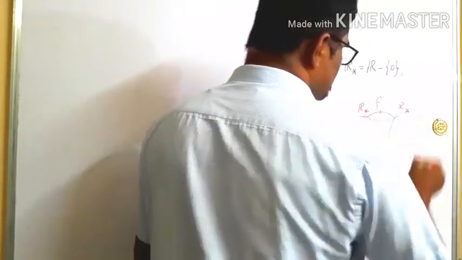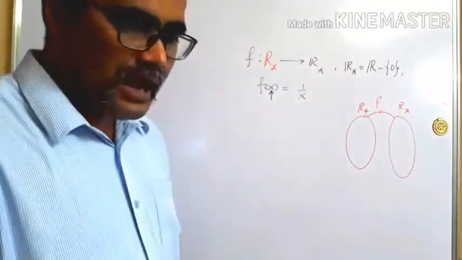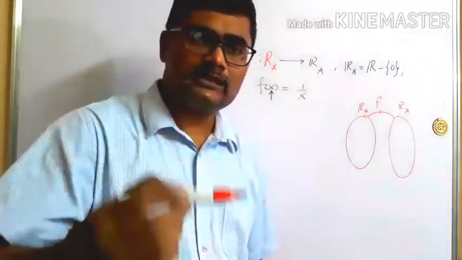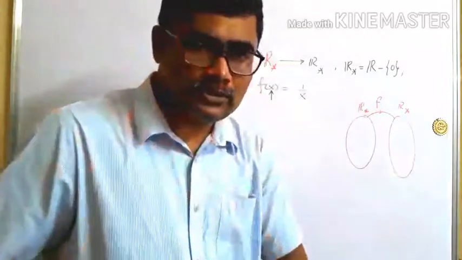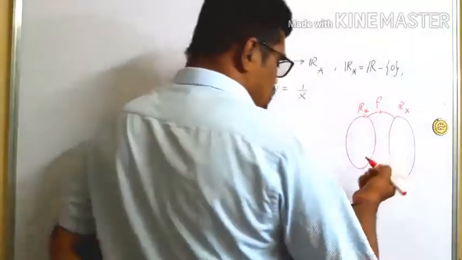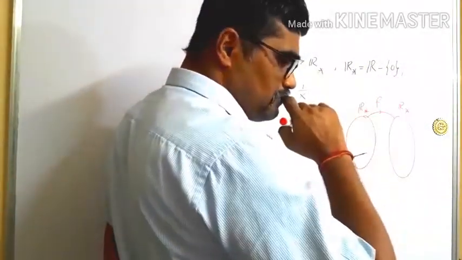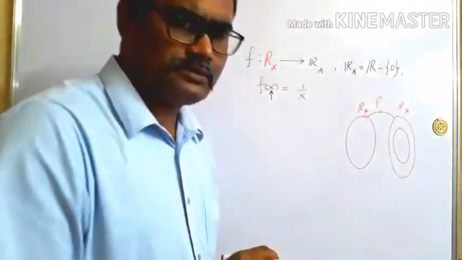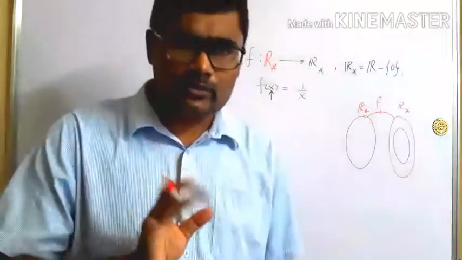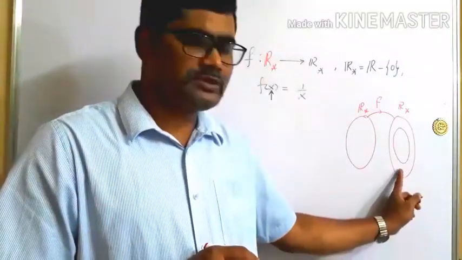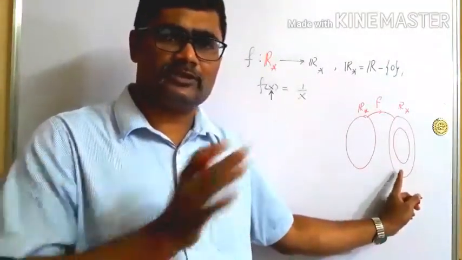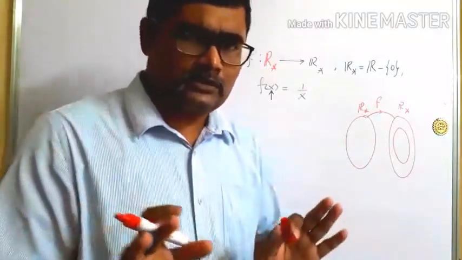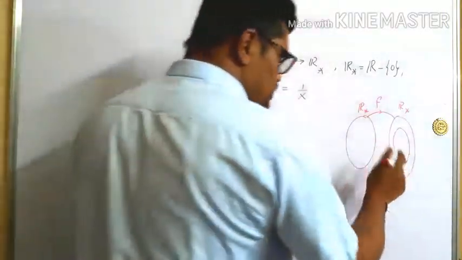This is what we are given. I have to find what is the range, what is the output set. So how do I proceed? Suppose this be the range.